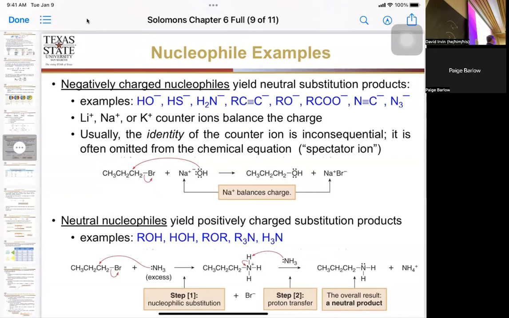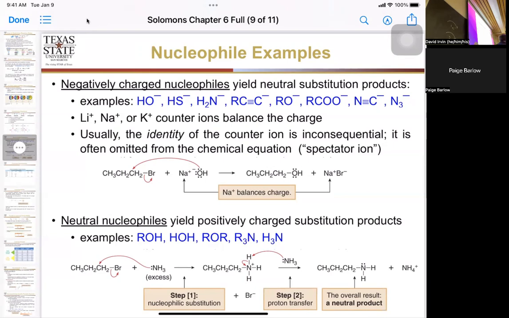Now, in this case, we're going to use excess of a nucleophile that's neutral, because when you start with a nucleophile that's neutral and you attack here and leave here, you end up with a substrate that has a positive charge. Notice when we started with a negative charge and a neutral substrate, we ended up with a neutral substrate and a counterbalanced charge.